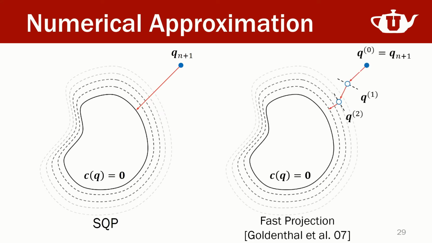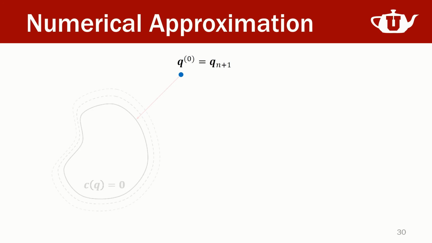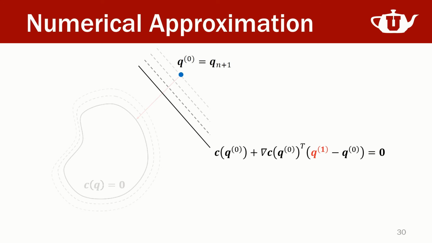Here, we are inspired by the work of Gonzalez and colleagues to do the fast projection. The problem is to find the closest point to Qm+1 on a nonlinear manifold C(q) equals 0. Instead, we can formulate it as a sequence of linear problems like SQP. For example, we initialize Q0 equal to Qm+1, linearize our constraint C at Q0, and we can find the closest point Q1 satisfying the linearized constraints.